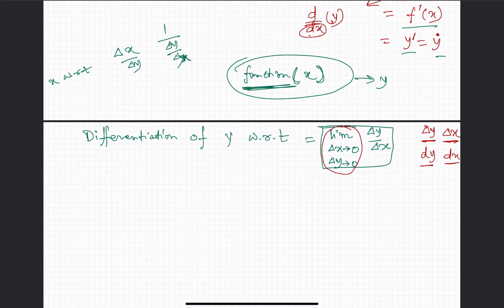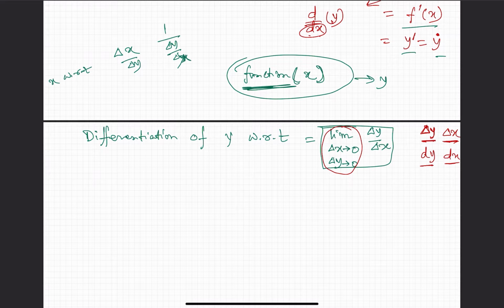Del y means the change in y, but it can take any value, 0, 1, 2, 3, 4, any value, not only integer, any real value. We are talking about the real space here.